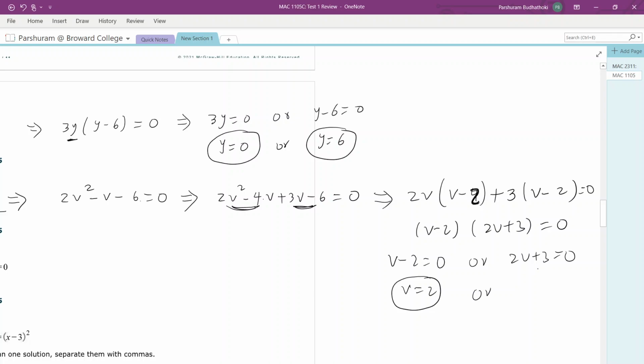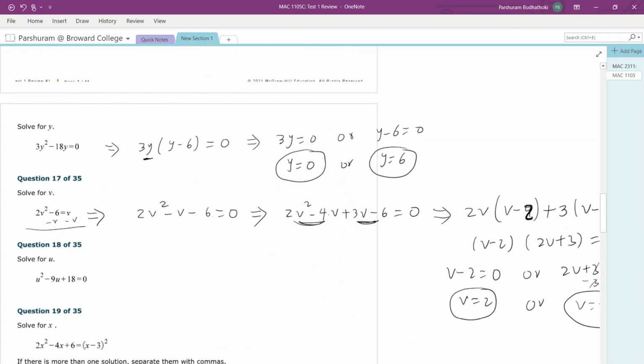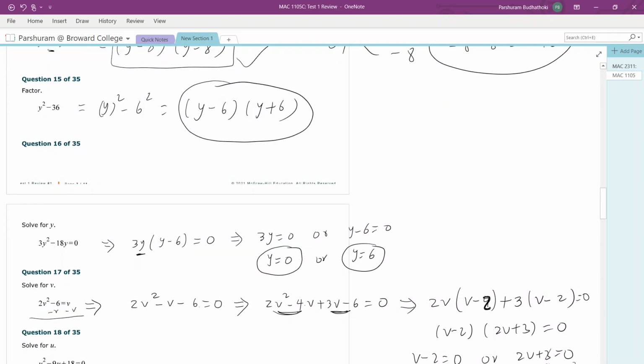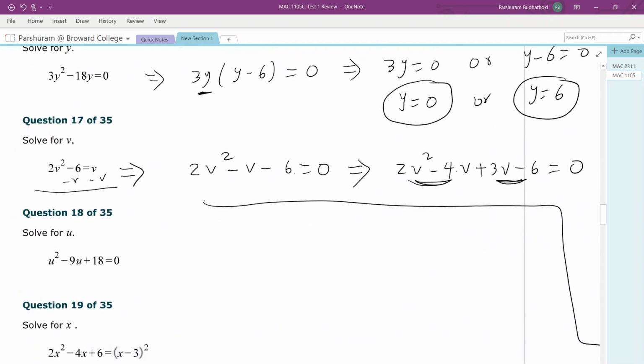To solve the other one, I subtract 3 and divide both sides by 2, so that gives me v equals negative 3 over 2. So these are the two possible solutions for problem 17: v equals 2 or v equals negative 3 over 2. Okay, now let's go to problem 18. U squared minus 9u plus 18.